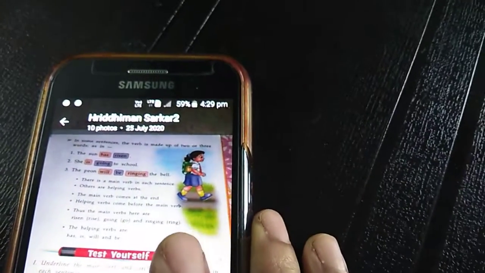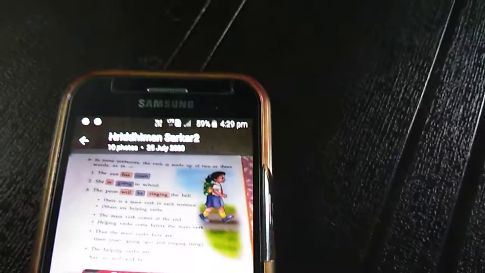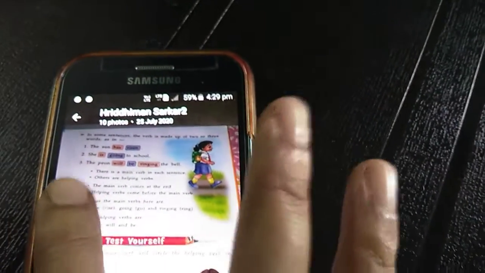Now, next page. In some sentences, the verb is made up of 2 or 3 words. Let's see examples. The sun has risen.